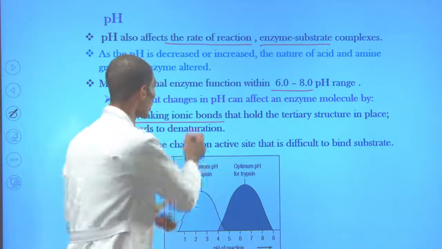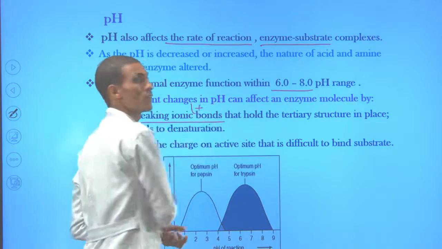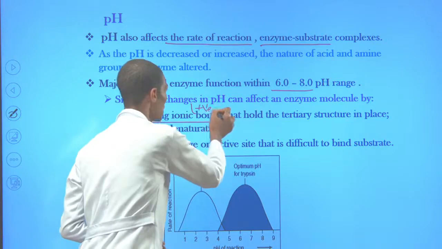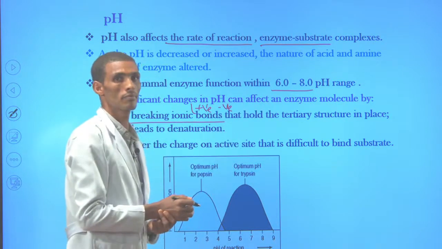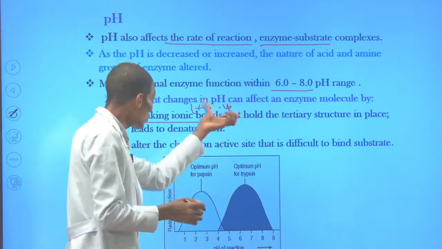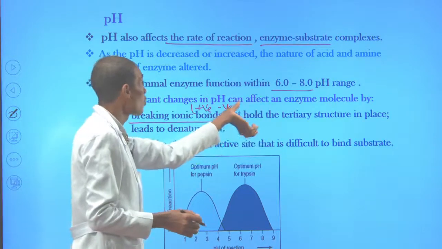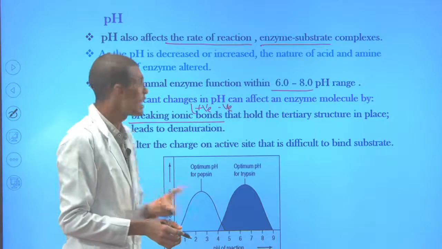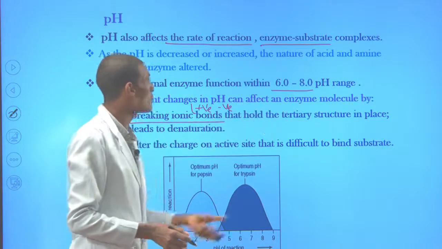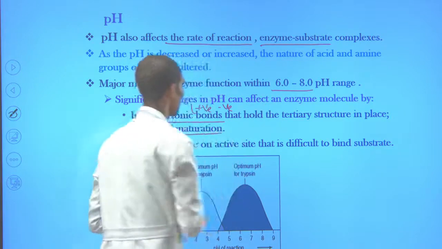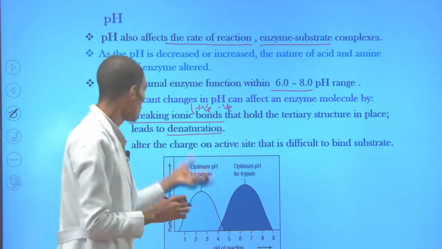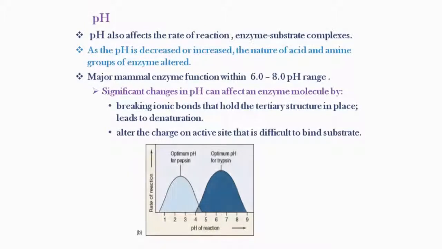These ionic bonds are between positive R side chains and negative R side chains. By breaking the bonds that hold them together, the enzyme no longer catalyzes the reaction. If the bonds break down, the enzyme becomes denatured. Upon denaturation, there is no more catalysis and no more speeding up of the reaction.